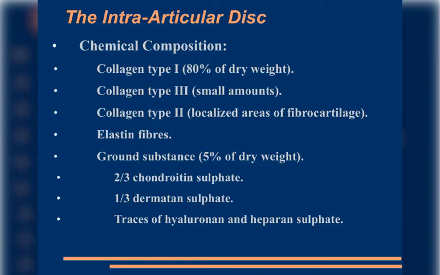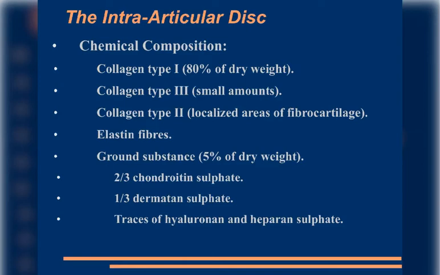Also, the disc has ground substance, and this ground substance makes up 5% of the dry weight of the disc. 2/3 of the ground substance is chondroitin sulfate and 1/3 dermatan sulfate, and we have traces of hyaluronan and heparan sulfate.